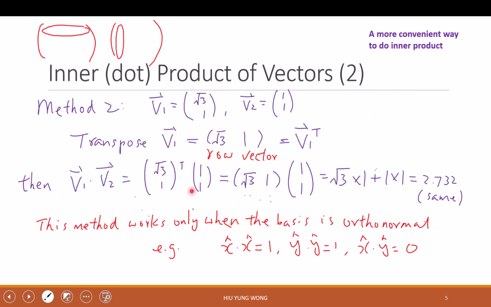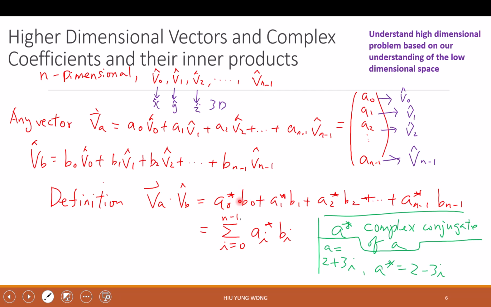This is A0, this is A1, this is B0, this is B1, and it is exactly A0 times B0 plus A1 times B1, except this is just two-dimensional. Also, we don't have the complex conjugate, but I did not do anything wrong because they are all real numbers. The complex conjugate of a real number is itself. It doesn't change. So my earlier definition is okay, but a more general definition should have the complex conjugate.